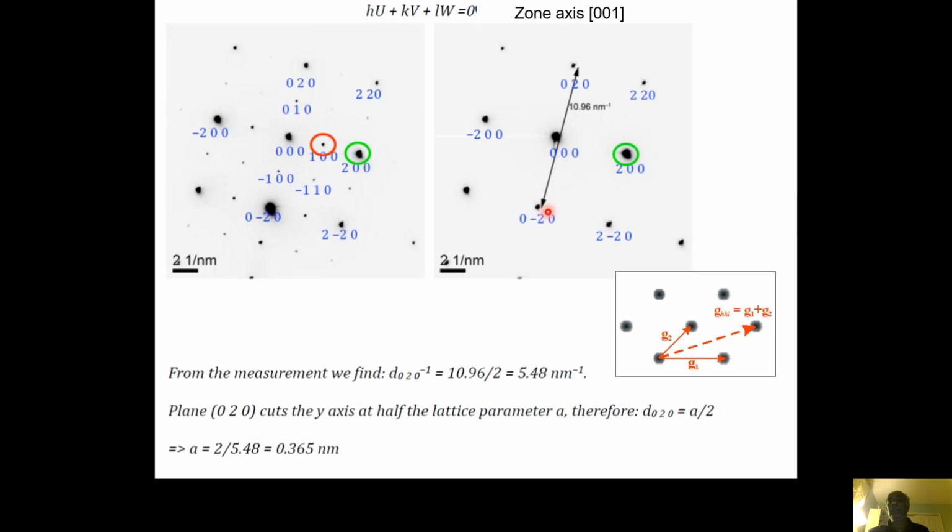For example here, if this is 0, this is 2 0 0, then the vector sum is this one: 0 plus 2 is 2, 2 plus 0 is 2, then 0 plus 0 is 0. You can create all the points once you find the origin and at least one or two vectors.